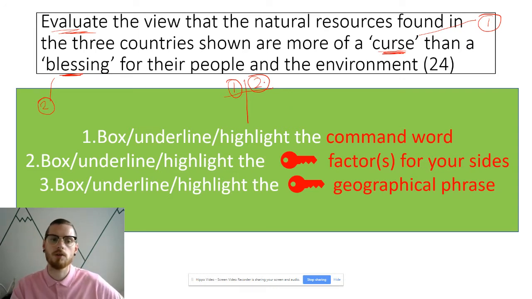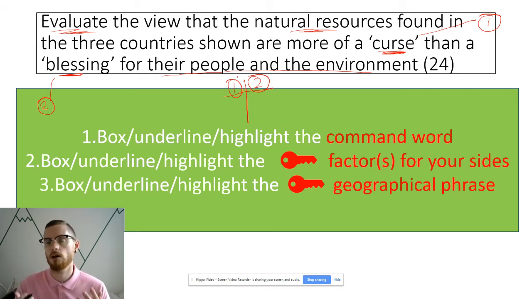Third one, box, underline, highlight the key geographical phrase, the one that they want you to keep going back to. Now, here, I think the phrases we're looking at are people in the environment, and we could maybe say natural resources as well. There's probably two key geographical phrases.